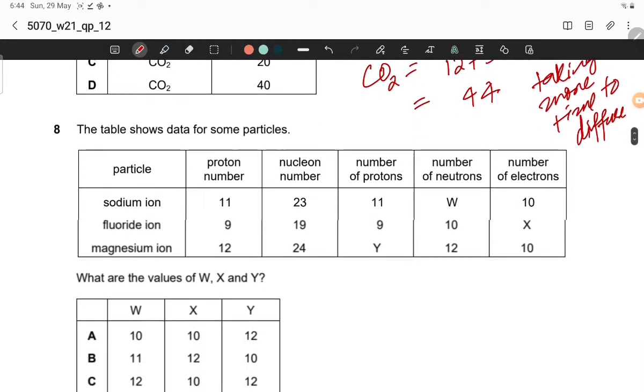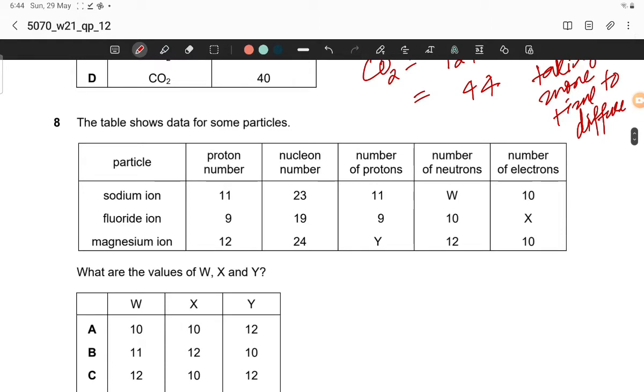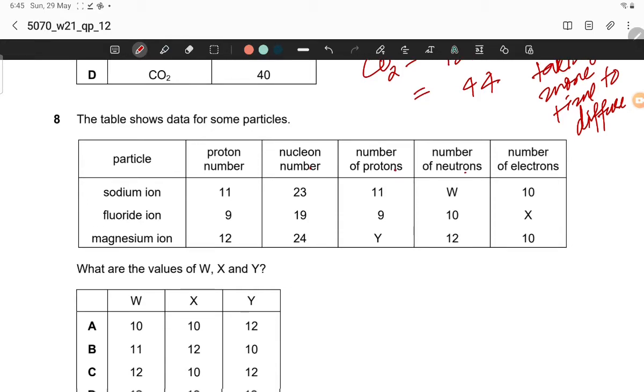The table shows data for some particles. Sodium ions, chloride ions: proton number, nucleon number, number of protons, number of neutrons.